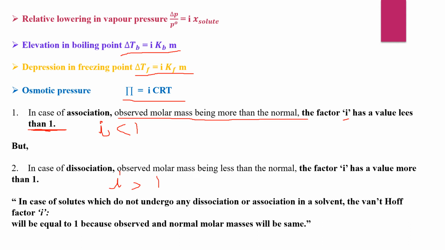Now, in case of solutes which do not undergo any dissociation or association in the solvent, the Van't Hoff factor i will be equal to 1, because the observed molar mass is equal to the normal molar mass.